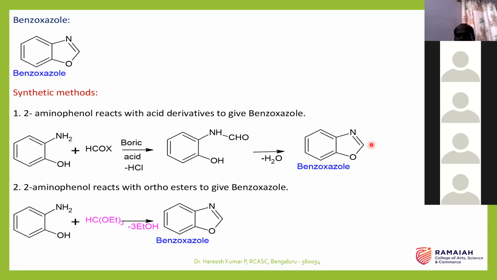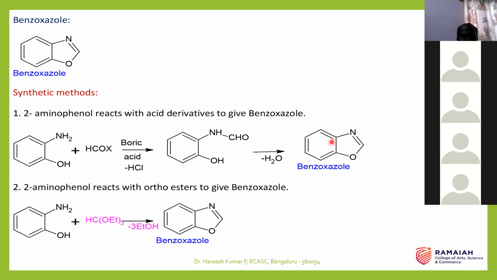So the obtained one is benzoxazole. Benzoxazole can be obtained by treating aminophenol with formic acid in presence of boric acid, which leads to the formation of N-formyl aminophenol. The obtained N-formyl aminophenol on heating gives benzoxazole.